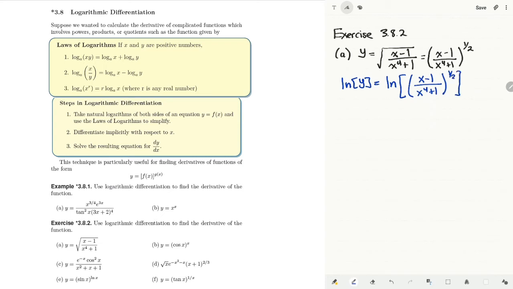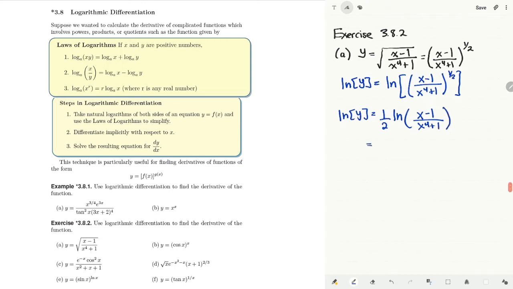And then we'll use the laws of logarithm to simplify the right-hand side. So the exponent of 1/2 can be multiplied in front. So we have 1/2 times the ln of x minus 1 all over x to the 4 plus 1.